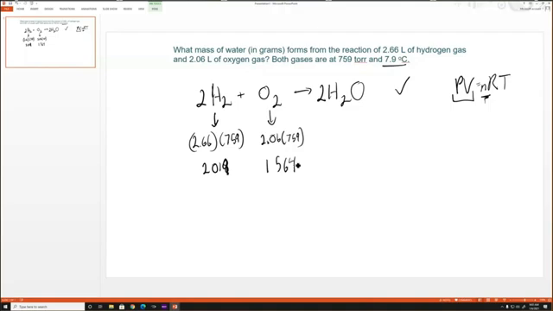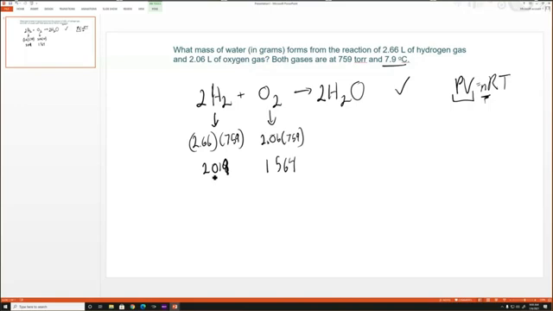Okay. So now this is our PV value. We can call it our pseudo moles, right? It's just proportional to the number of moles. Now, using the molar ratios of the equation, just like we went over with stoichiometry, we can tell what the limiting reactant is. Now, you see H2, 2 moles make 2 moles of water. This means it's a 1-to-1 ratio or 2-to-2 ratio.